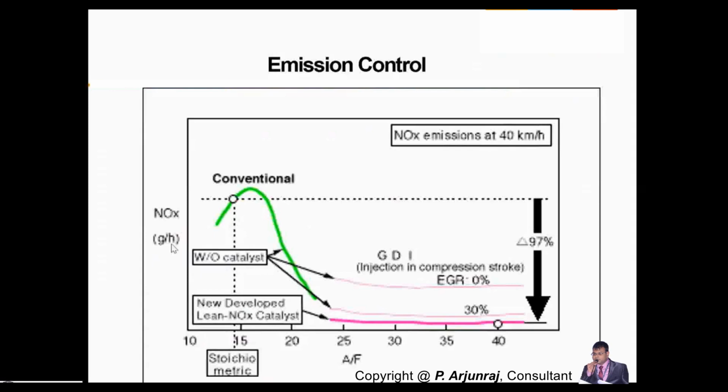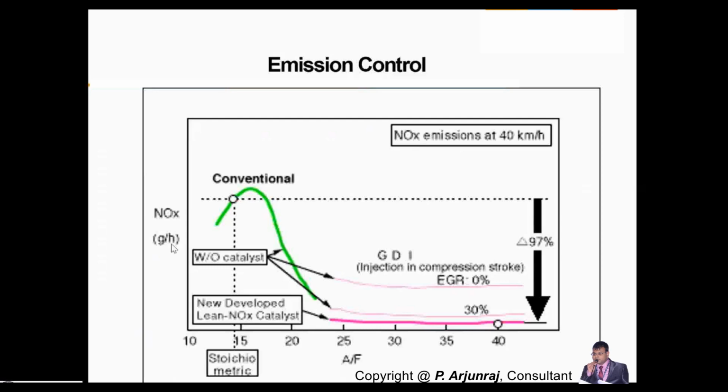I told you about carbon monoxide and hydrocarbon: when you have unburned fuel, it leads to carbon monoxide and hydrocarbon. That is not going to happen in the case of the GDI engine, because you are going to get proper burned combustion. Even in the case of multi-point fuel injection, compared to the traditional carburetor, you are going to get lesser carbon monoxide and hydrocarbon.